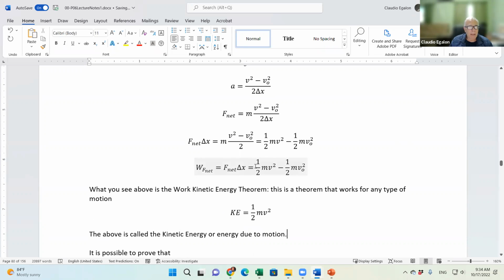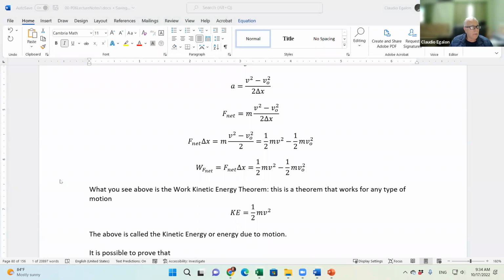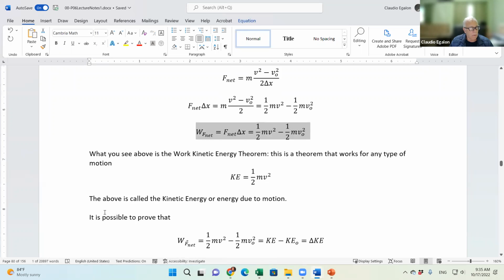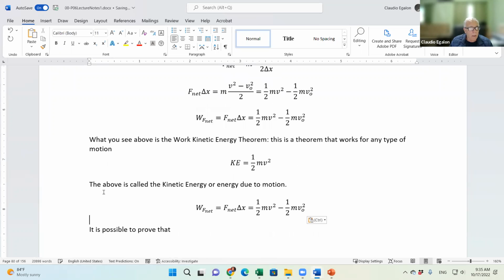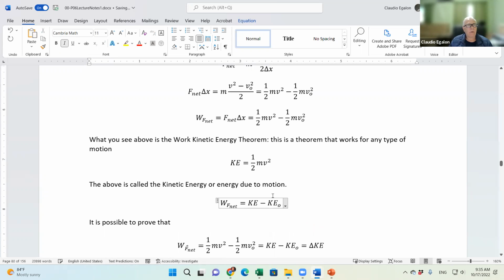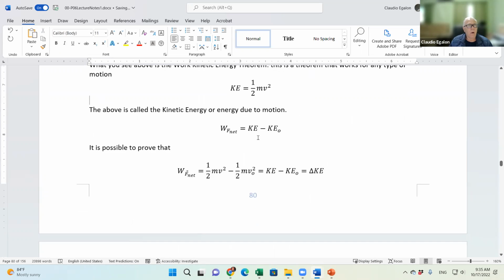So what you end up having here is the final kinetic energy minus the initial kinetic energy. Here you go: the work done by the net force is final kinetic energy minus initial kinetic energy, or we write that as delta KE.